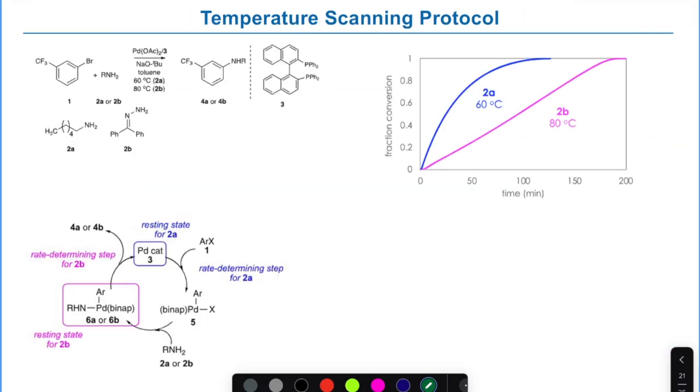So this is a Buchwald CN coupling that she studied pretty much to death in the past. It's an interesting system because depending on which catalyst you have, catalyst 2A shows a profile that looks like this. At 60 degrees, holding it isothermal, you're getting what looks like a normal first order profile. In that case, they know the resting state for that catalyst is sitting right here.